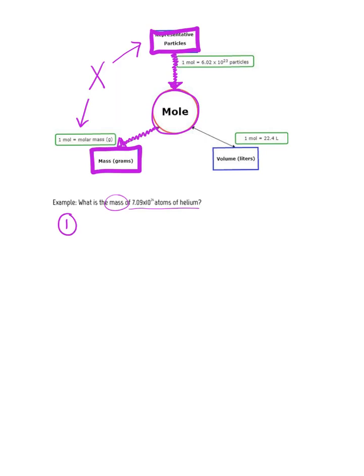So our first step is we need to figure out a plan. We need to figure out what our steps are actually going to be. What we were given is atoms. The only place we can go from atoms, which is all the way up here, is down to moles on this map.